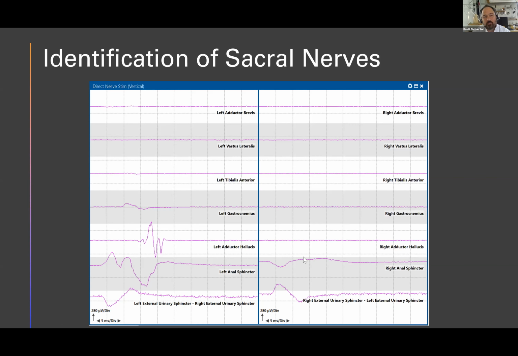I've got a question based off of this, and I think I know the answer, but I'm interested in your take. There's spatial separation in Onuf's nucleus for the neurons related to the external urinary sphincter and those related to the external anal sphincter. They're spatially separated in Onuf's nucleus a little bit.